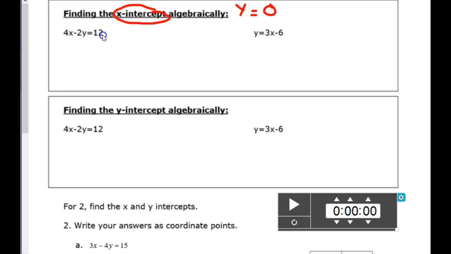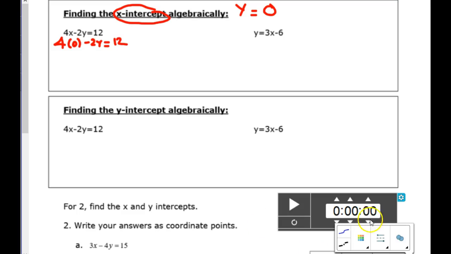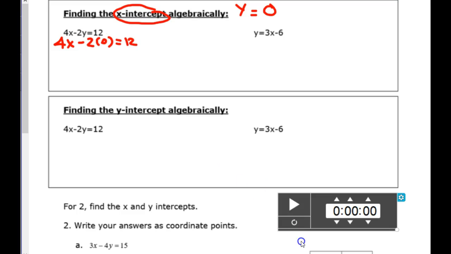So let's plug in 0 for y into this equation: 4x minus 2 parentheses 0 equals 12. My bad, you plug in 0 for y to get the x-intercept.